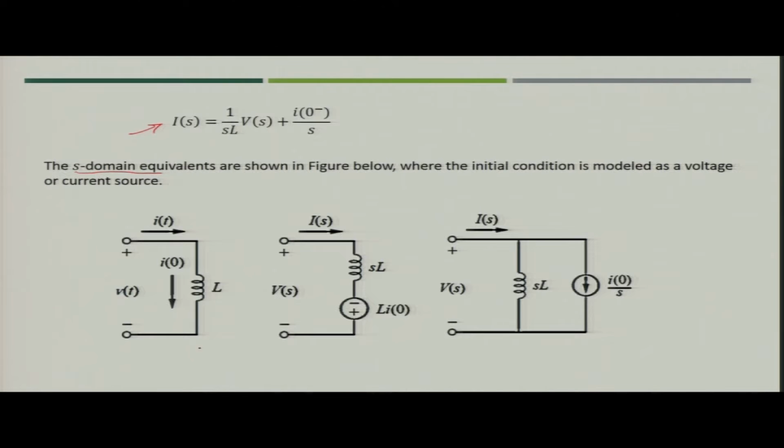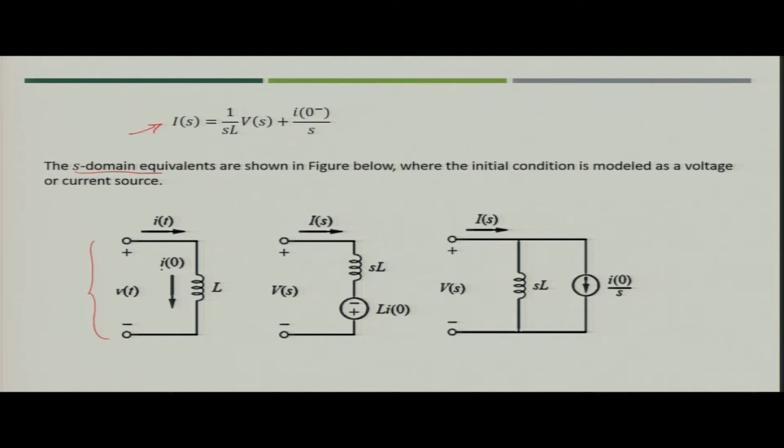So, if you see in time domain, we have an inductor which is carrying some current i(t) at any time t, with initial current as i(0) and voltage across the inductor is v(t). So, this is the time domain representation of inductor voltage and current.